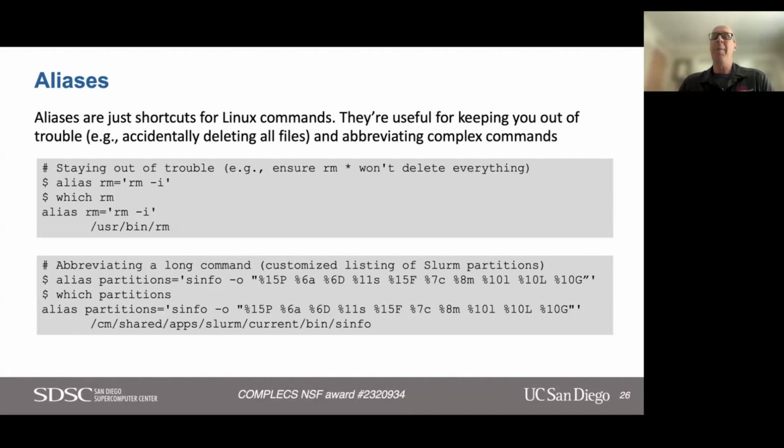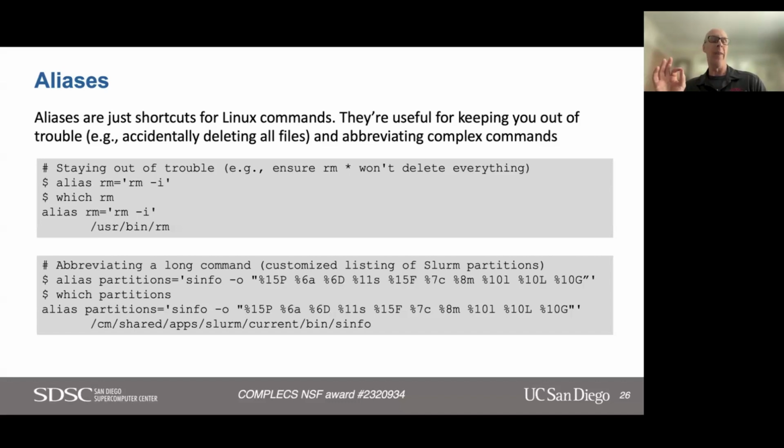Now, you might be wondering, well, I'm never going to do an rm or rm star, but you could do it accidentally. So let's say I wanted to remove all of the files in a directory that ended with .exe. Normally I would do remove space star.exe.